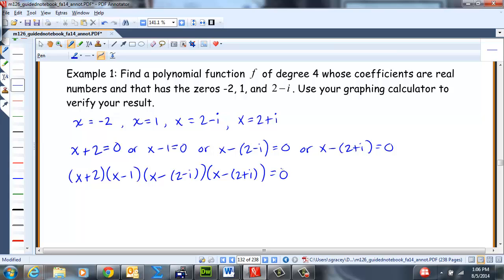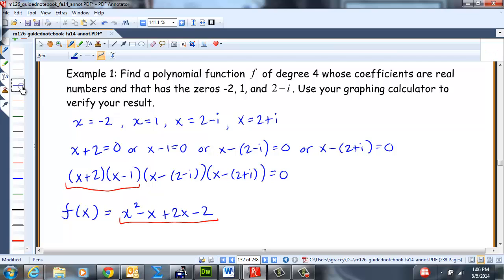So if we let that left side equal our function f, and then just continue to multiply out, we'll get a polynomial that meets these requirements. So let's multiply x plus 2 times x minus 1 first, and we'll get x squared minus x plus 2x minus 2.